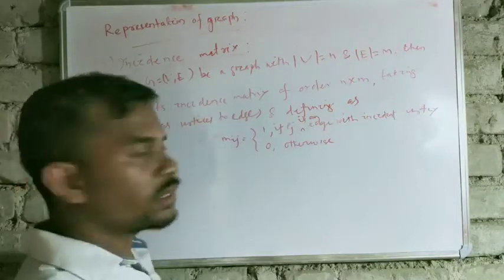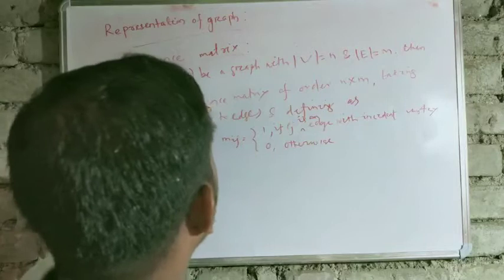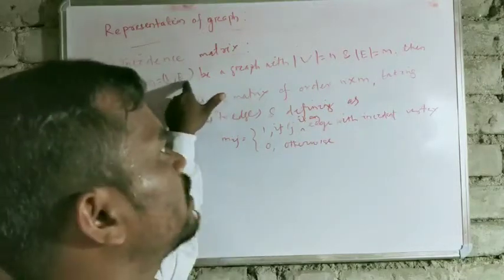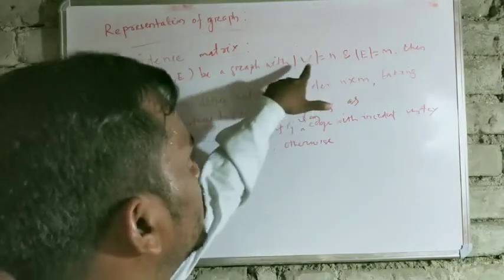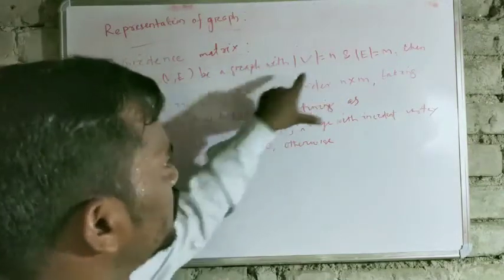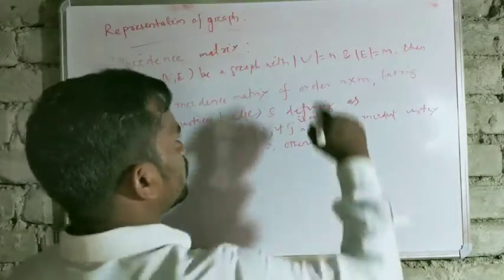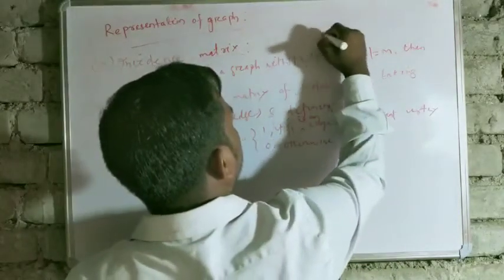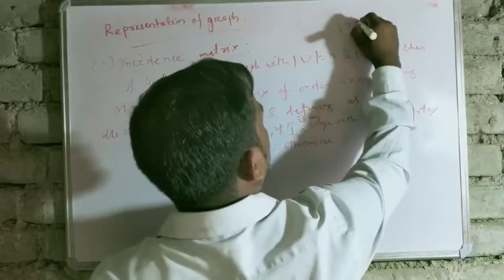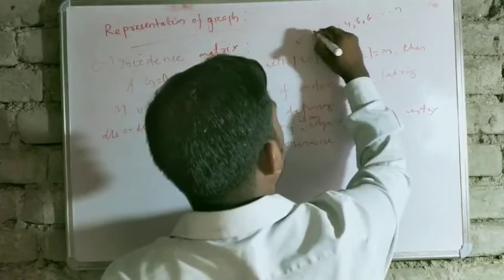Now you understood. If G is a graph with vertex set V and edge set E, the graph G has n vertices and m edges. That means here the vertices are 1, 2, 3, 4, 5, 6 up to n. This is your vertex set.